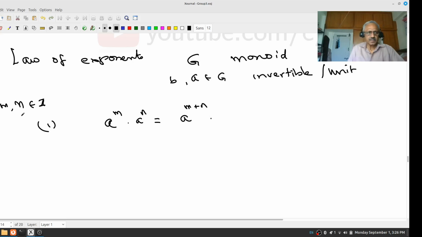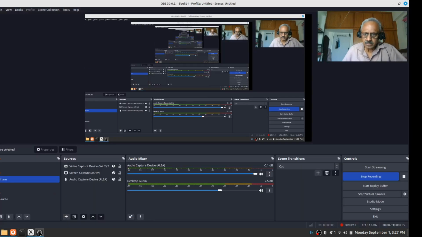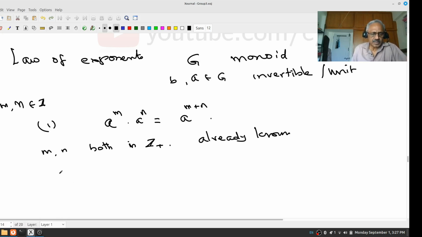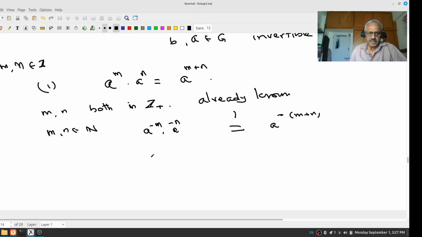This is okay if m, n are both positive, both in Z plus, already known. Let me just check. Yeah, right. So now assume that we are looking at m and n in the natural numbers, but I am looking at a to the power minus m into a to the power minus n. So we want to check whether it is a to the power minus (m plus n). This is what we want to check. Right? Let us do that.